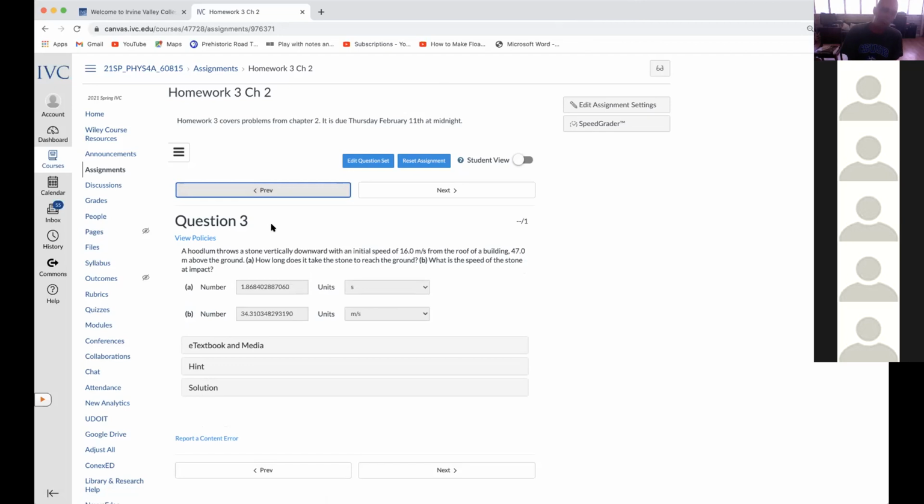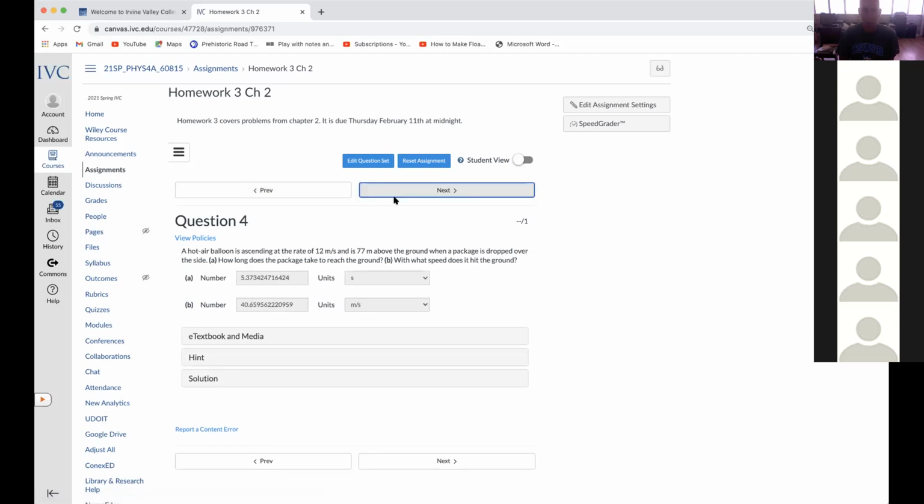You'll be asked to do it on an exam. You'll be asked to do it on a quiz. And our quiz next week will be a free fall problem. So it'll be something where I want you to write the initial variables and then compute like the time and the distance. So it'll be very similar to either this or the balloon problem.